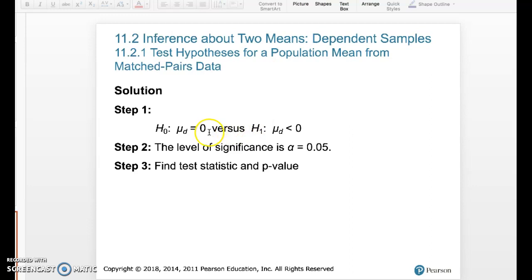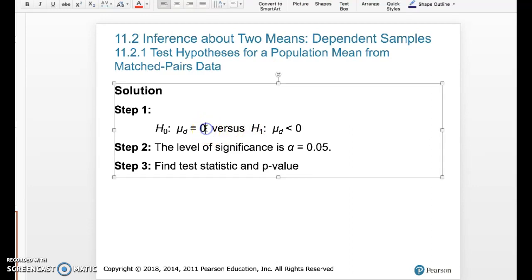So in this case, if there was no difference between the two rental companies, I would expect those differences to be 0. So mean differences equals 0 is my null. And I like to specify somewhere in my problem the way that I'm subtracting.